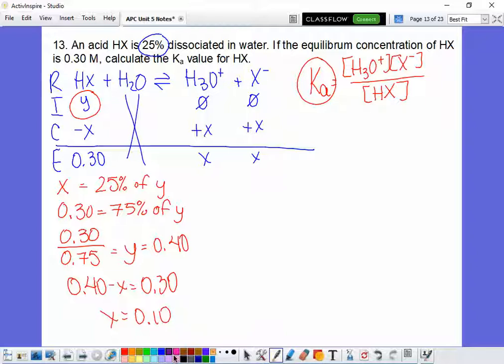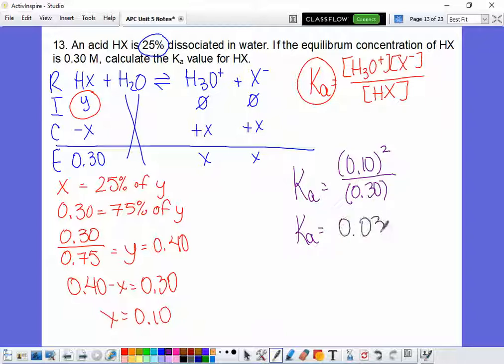All right, so now I can plug everything in. Ka is equal to 0.10 squared over 0.30. What do you get? That is a relatively large K value.